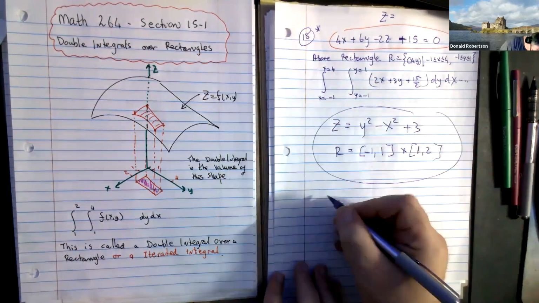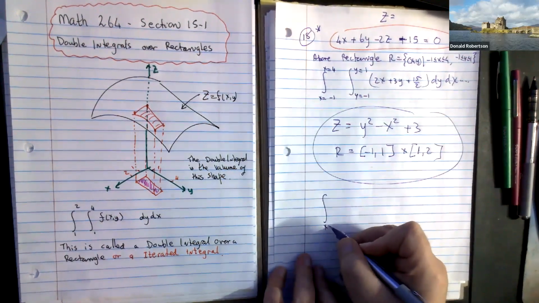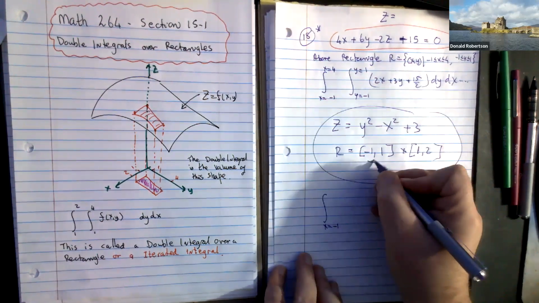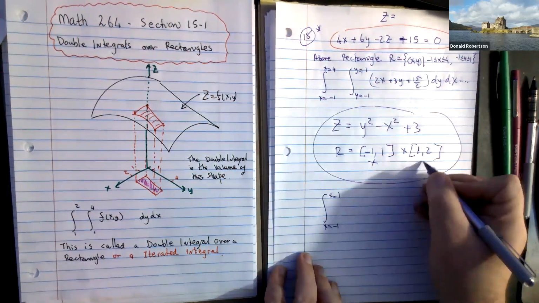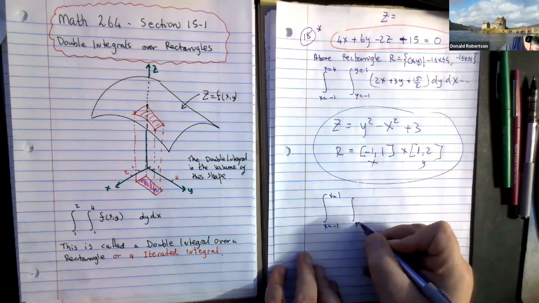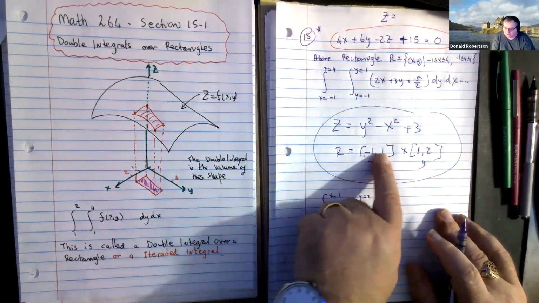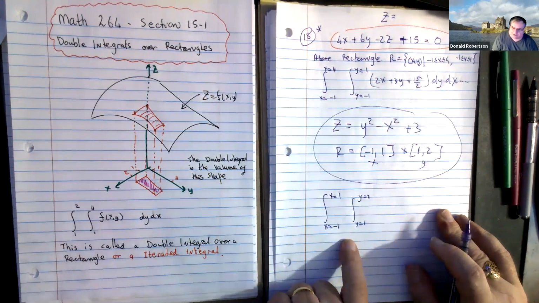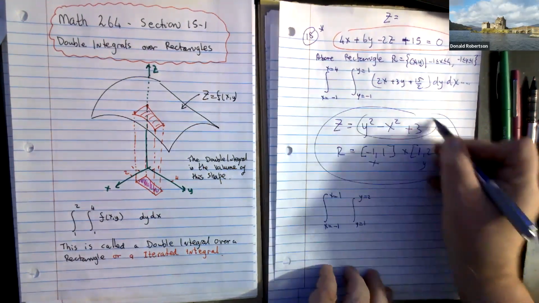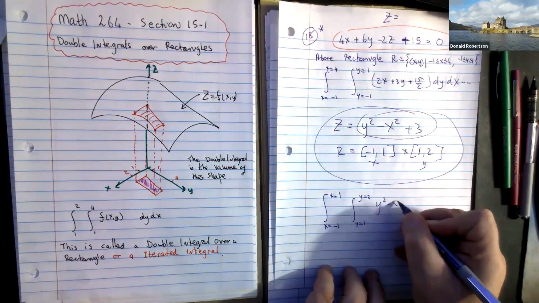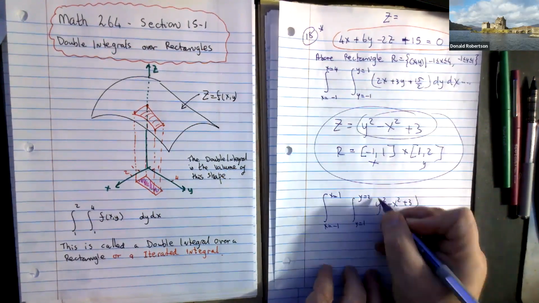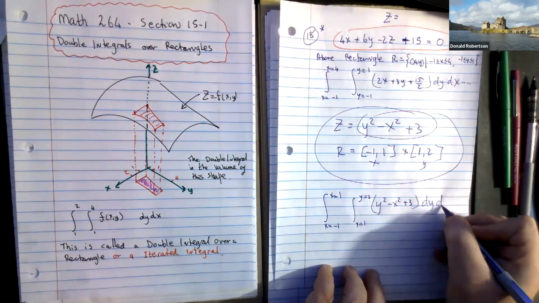So the volume is going to be the double integral from x equals -1 to 1 and y going from 1 to 2, because the convention is when they write it like this, these are the x's, these are the y's. The function that we're going to do is actually given to us, dy dx.